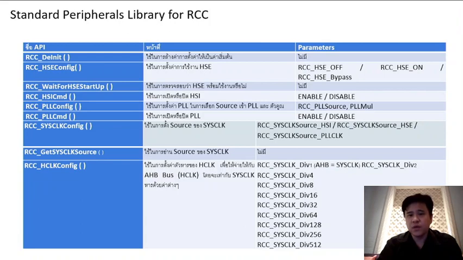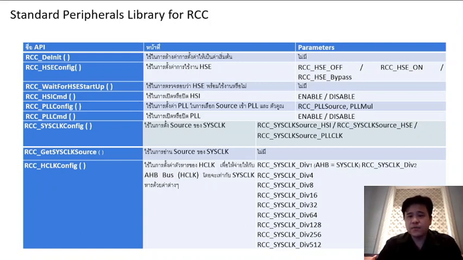We have to know the standard API for this group. Then we have to know the standard API for GPIO, because we would like to use GPIO as output to maybe an LED or seven segments.